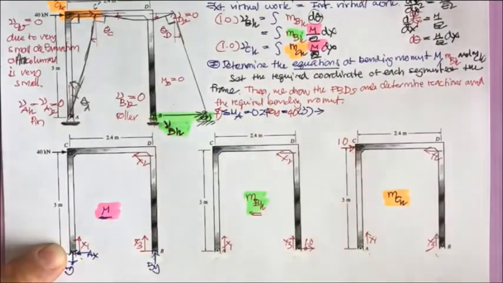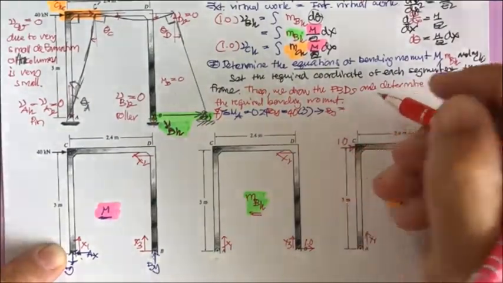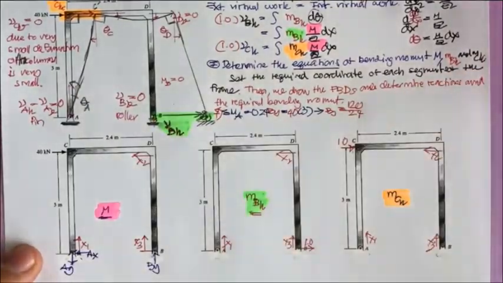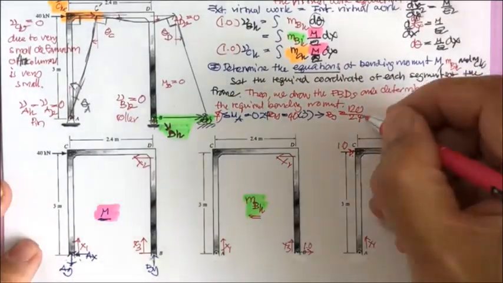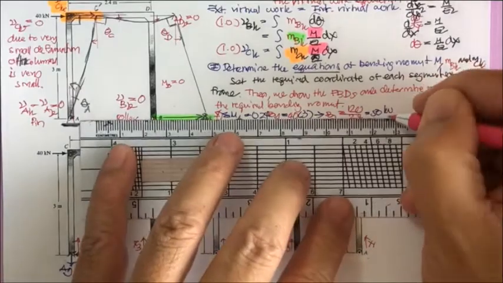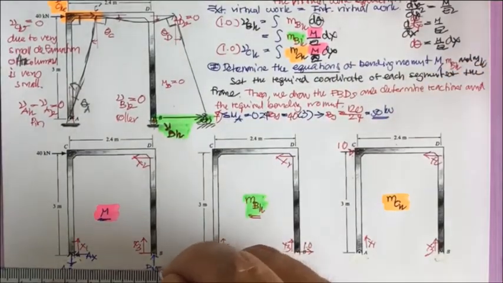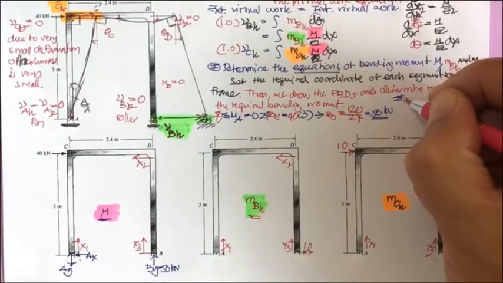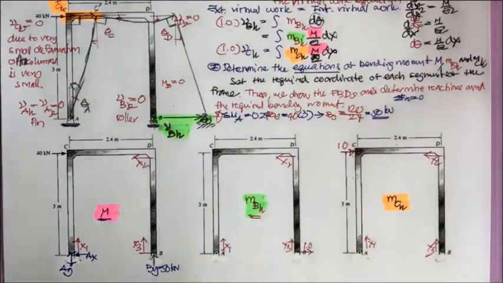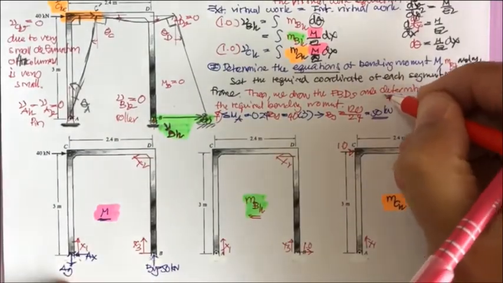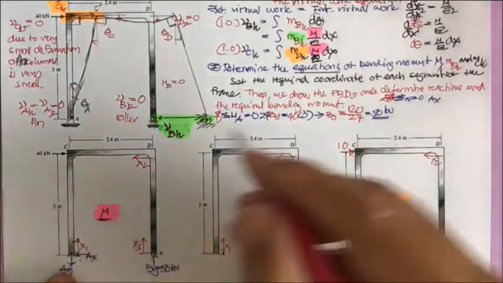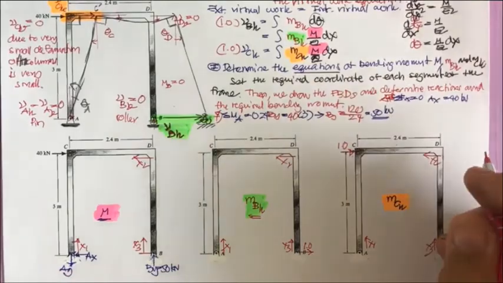Now you get B sub y equal to 120 divided by 2.4, so B sub y is equal to 50 kilonewton. Coming back here, if you do the summation of forces in x equal to 0, this one is positive in this direction, so A sub x equals 40 kilonewton.